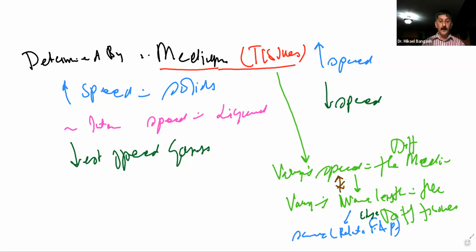Now guys, just remember, speed of sound is only determined by the medium. So now we have a list of the factors that determine your parameters. Frequency is determined by the source. Period is determined by the source.